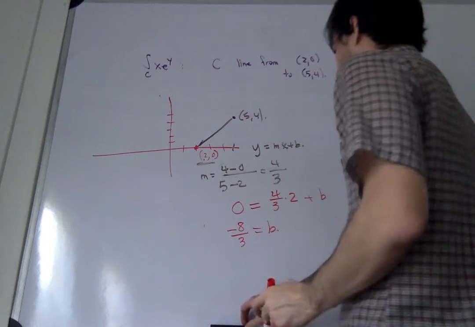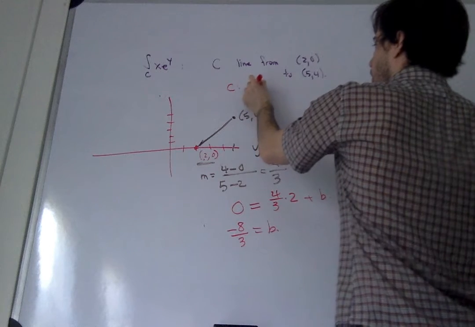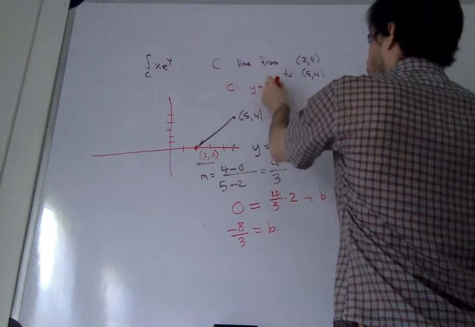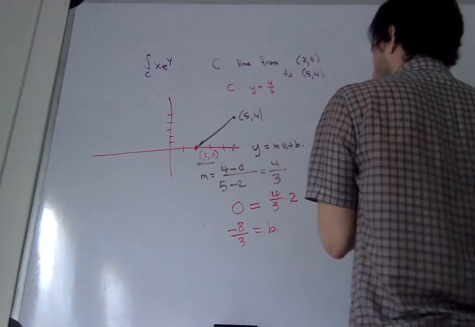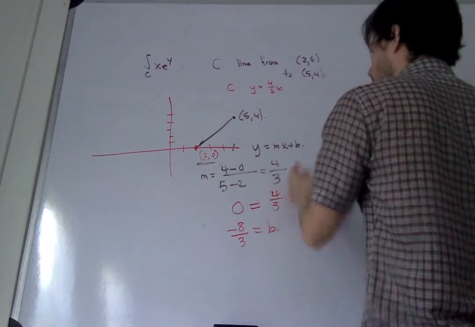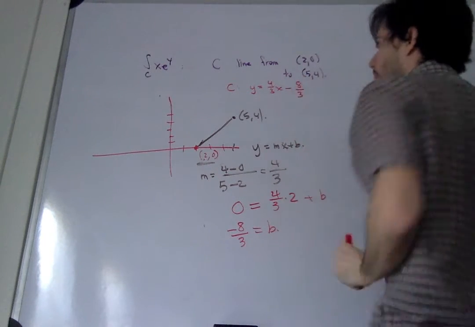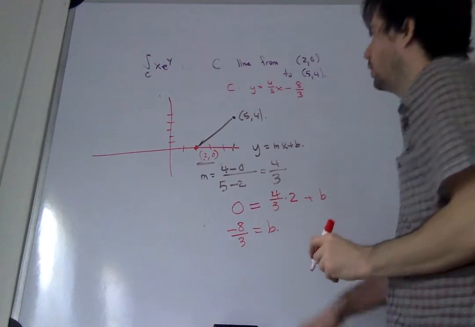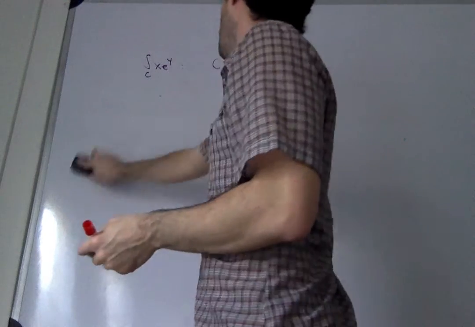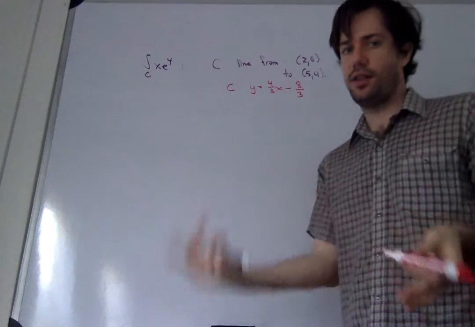Okay, so my curve C is y equals 4 thirds, that's my m, x minus 8 over 3. Okay? Well, let's think about that. There's still no t, but there's a y and there's an x.